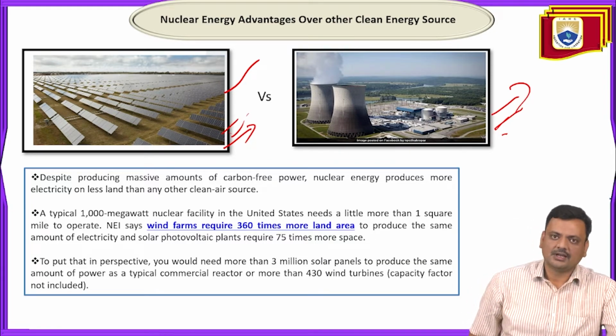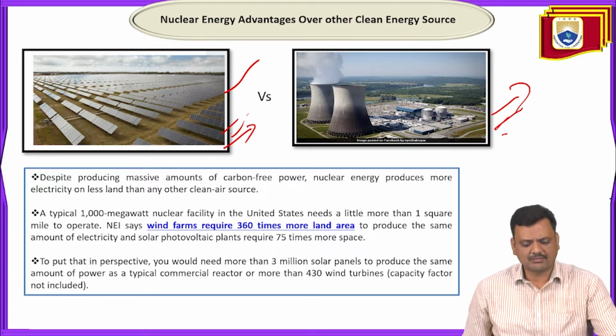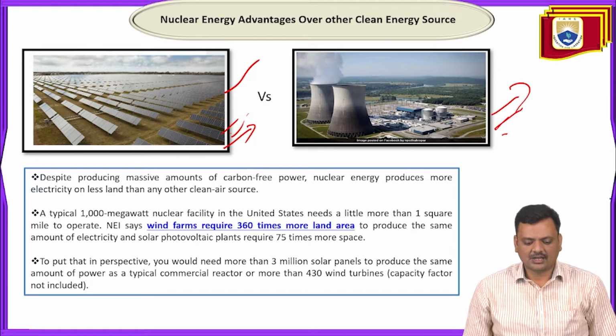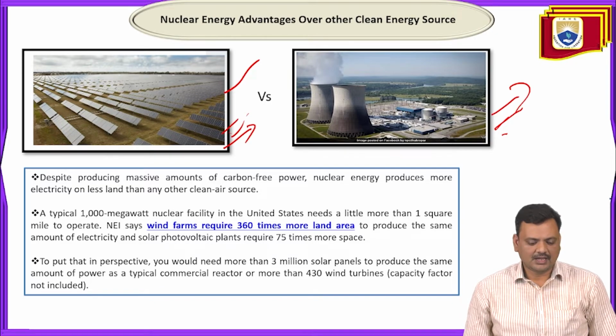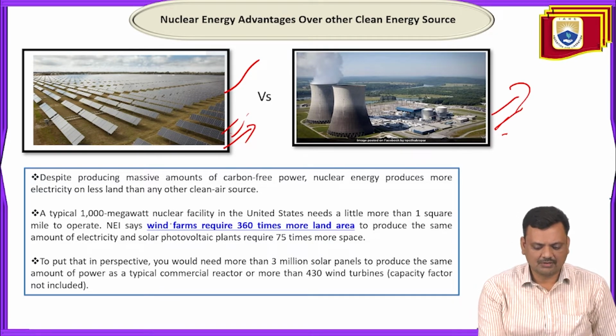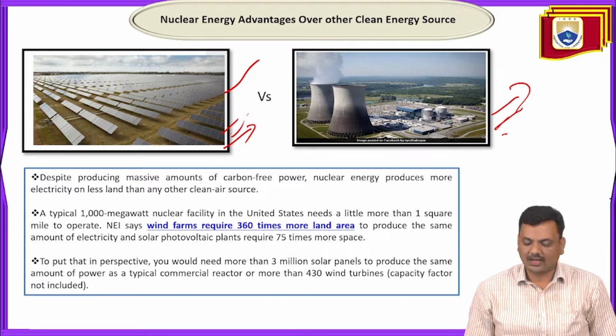So it is clearly written here: despite producing a massive amount of carbon-free power, nuclear energy produces more electricity on less land than any other clean source. A typical 1000 megawatt nuclear facility in the United States needs a little more than 1 square mile to operate.